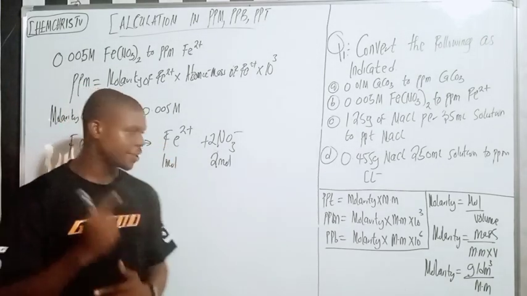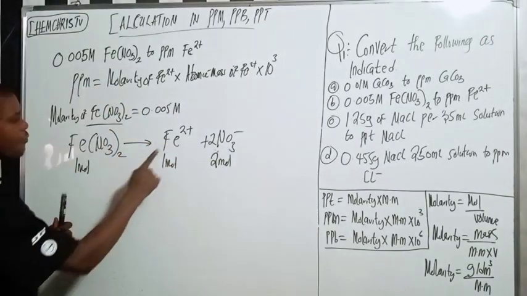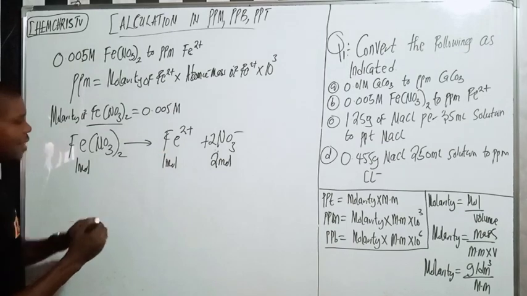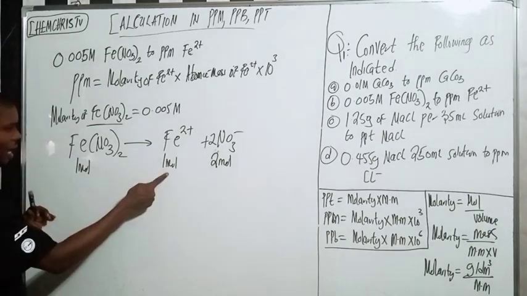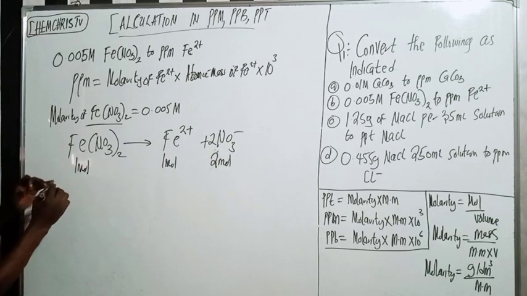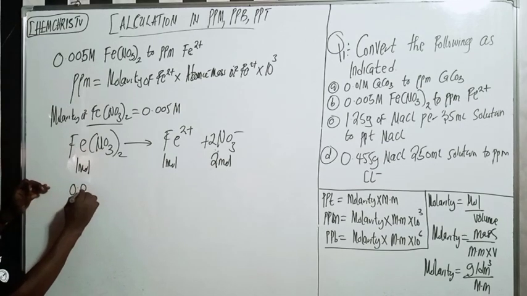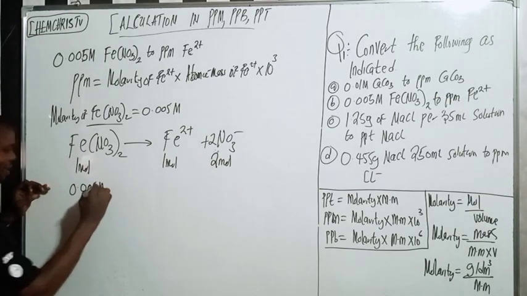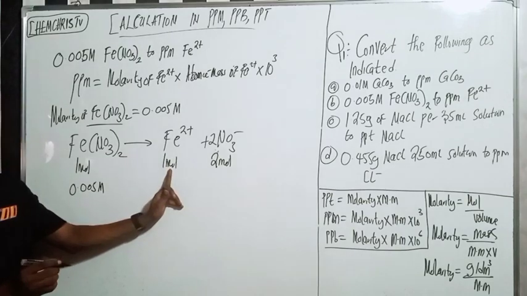I explain it step by step, right? So now, for me to get the molarity of Fe, here we have one, here we have one, right? So if here we have 0.005 molarity, it's going to be 0.005 because it's 1.